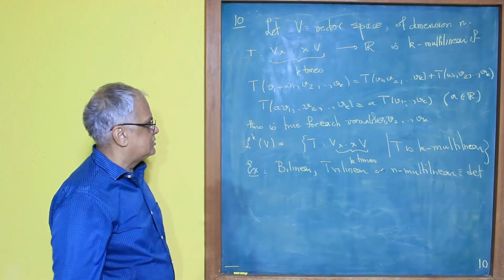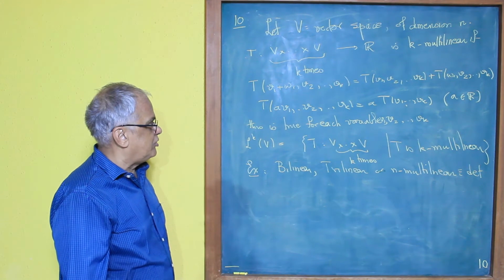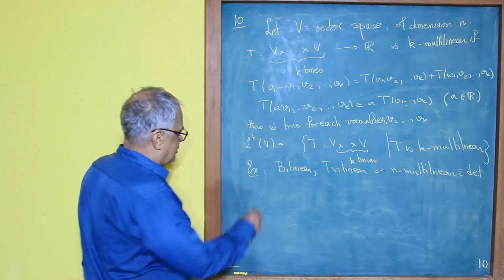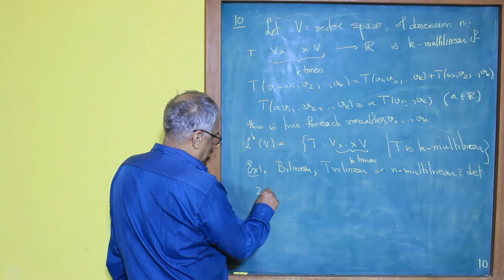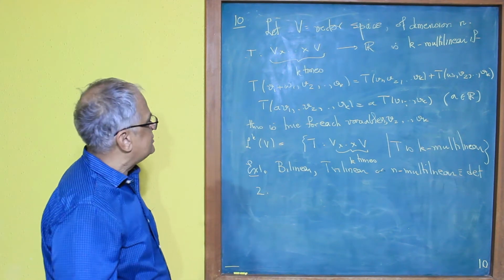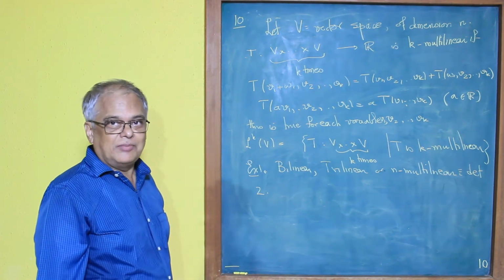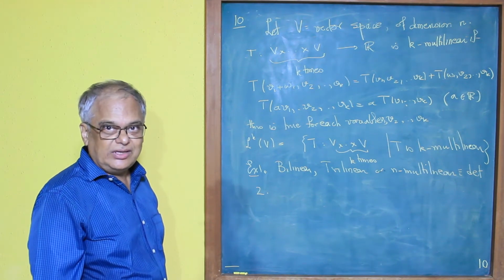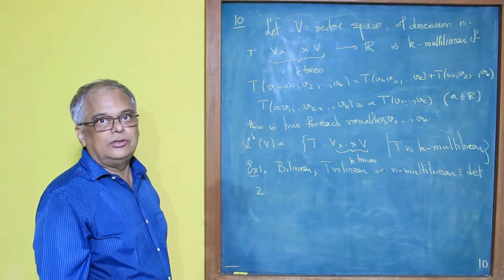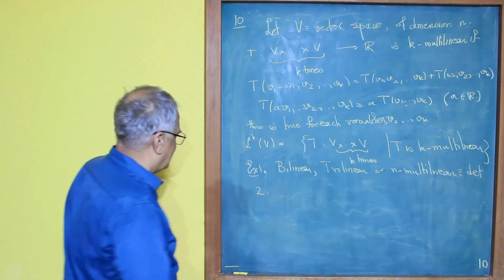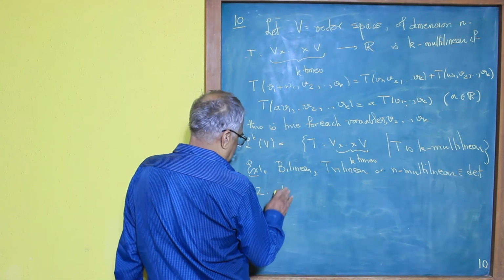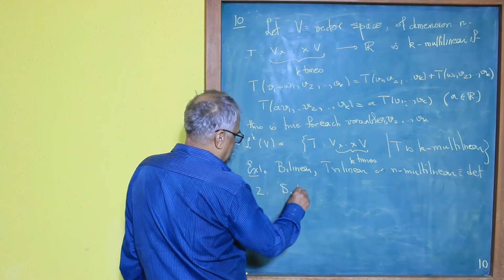Okay. So one more example if I want to think about it. So that is exercise 1. Exercise 2 is that if you take the set of all k-multilinear maps on V, you can add two k-multilinear maps on V. How do you add them?